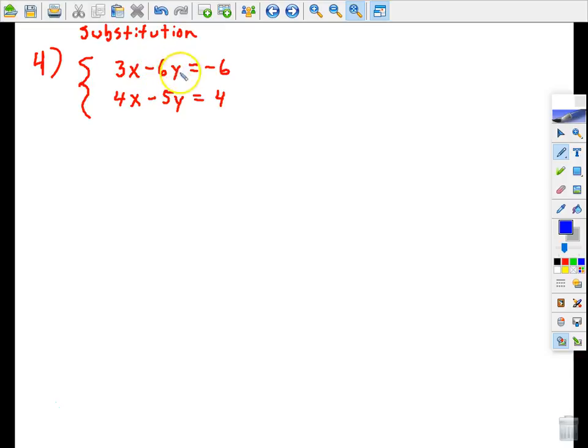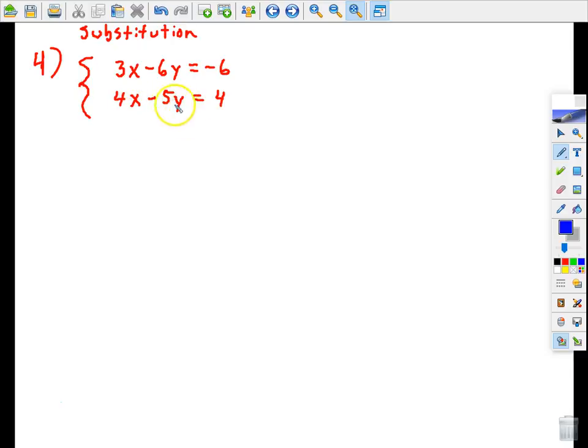If I solve for y, I'm going to have to subtract 3x, and then I'm going to divide by -6. Well, -6 will be divisible by -6, obviously. And over here, I'm going to have 3 divided by -6, which is -1/2. That's not terrible, but again, I'll have to input a fraction.